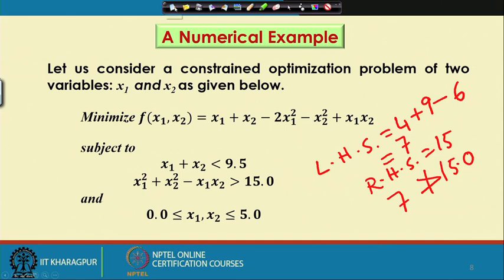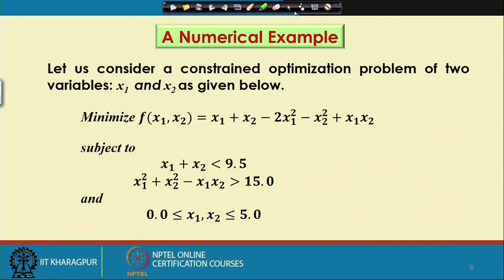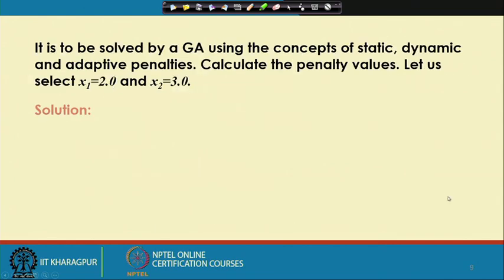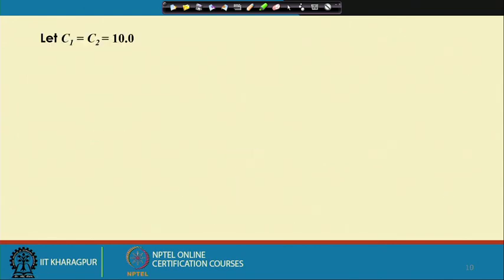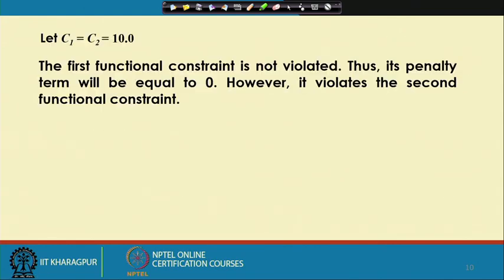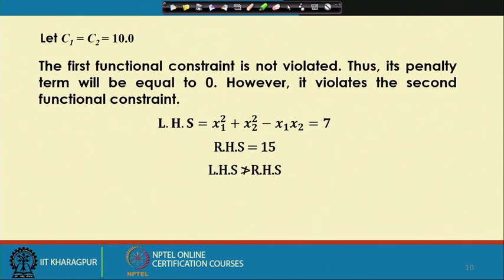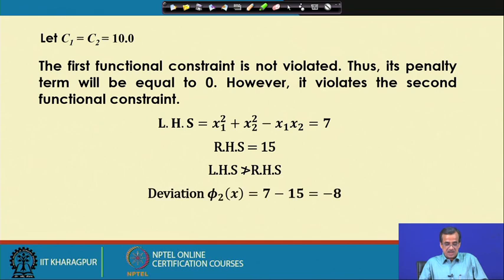Now, for this violation, we will have to find out how much the penalty value will be. The penalty value for the second functional constraint is something like this. We can find the deviation, that is 7 minus 15, because the left hand side was 7 and the right hand side was 15. So, the deviation is minus 8.